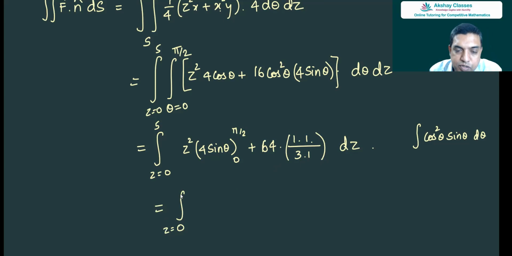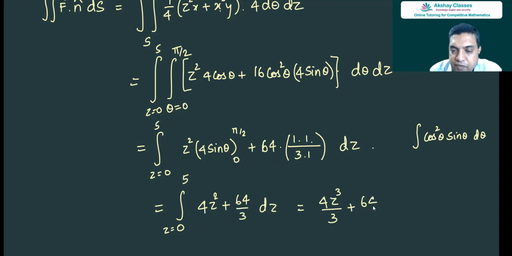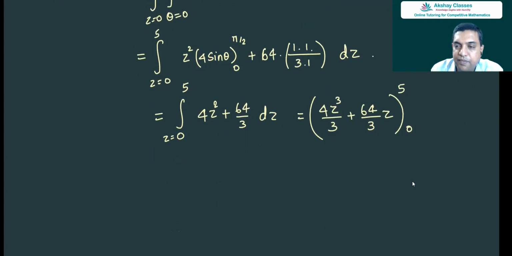Now z is equal to 0 to 5. I have the integral of 4z square plus 64 upon 3 dz. This is 4z cube upon 3 plus 64 upon 3 times z from 0 to 5. So we get 4 into 5 cube upon 3 plus 64 into 5 upon 3.